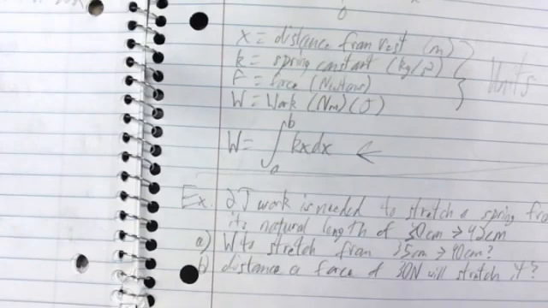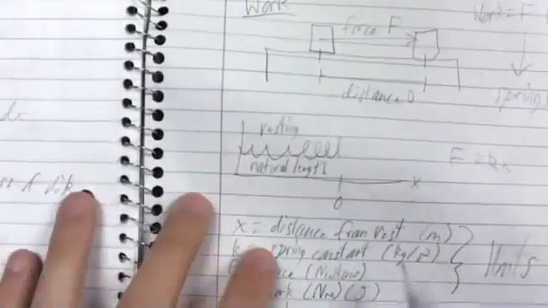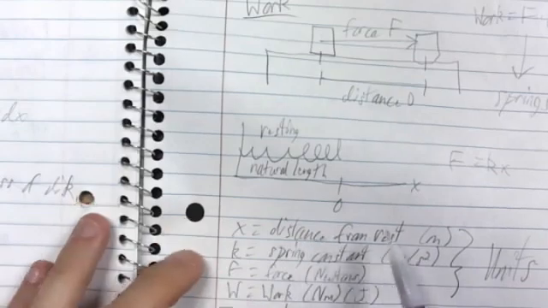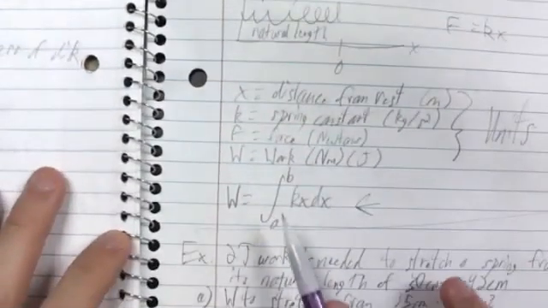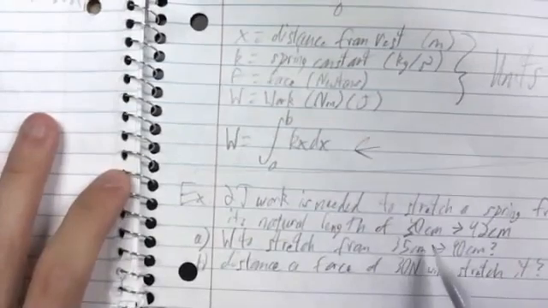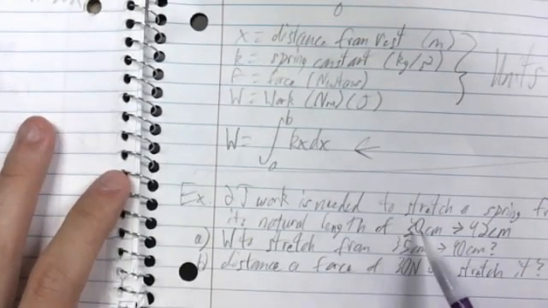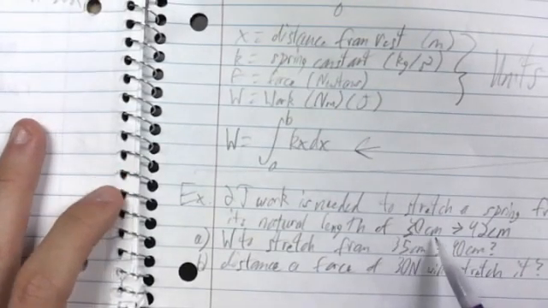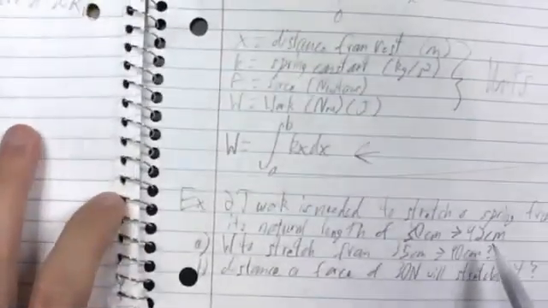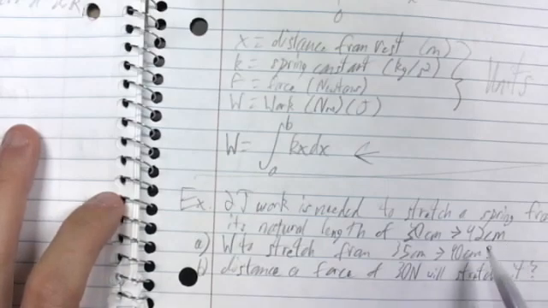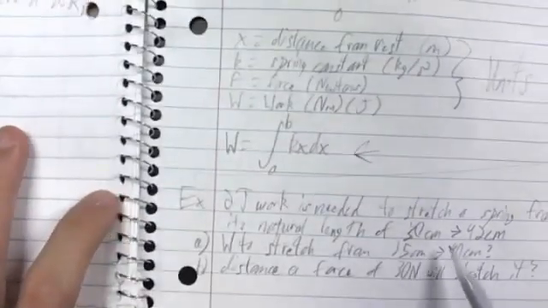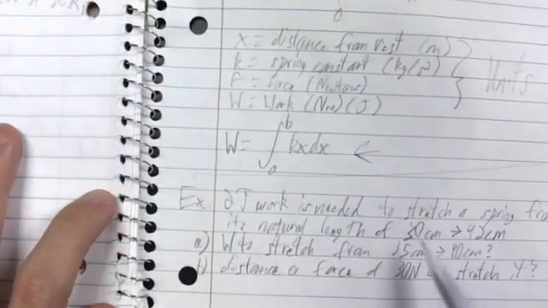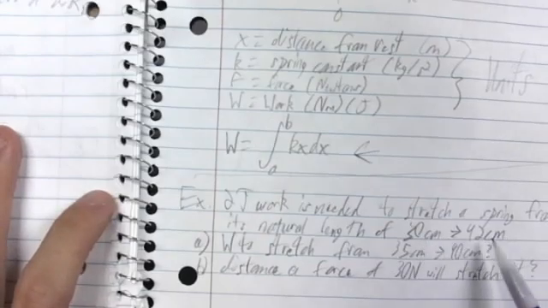We're going to work in meters, because x, which is necessary for this formula to work, should be in meters. So 30 centimeters is not 0.3 meters but 0, because we're starting from our natural length. And 42 centimeters is not 42.42 meters, but because it's 12 centimeters, or 0.12 meters, away from the starting point, we're going to use 0.12 in this integral.